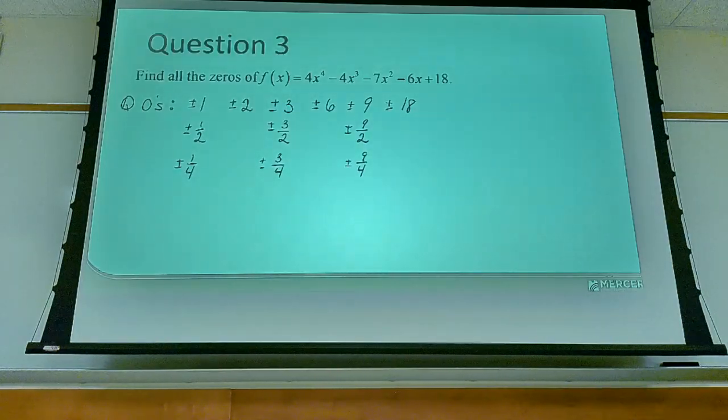Number of positive zeros, number of sign changes. Go positive to negative, to negative, to negative, to positive. That's 2 sign changes.